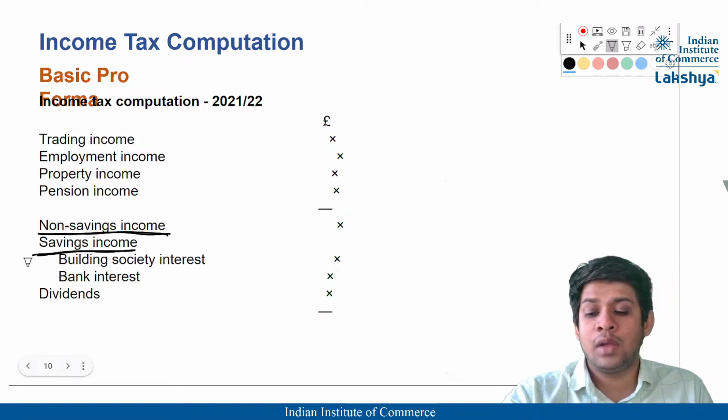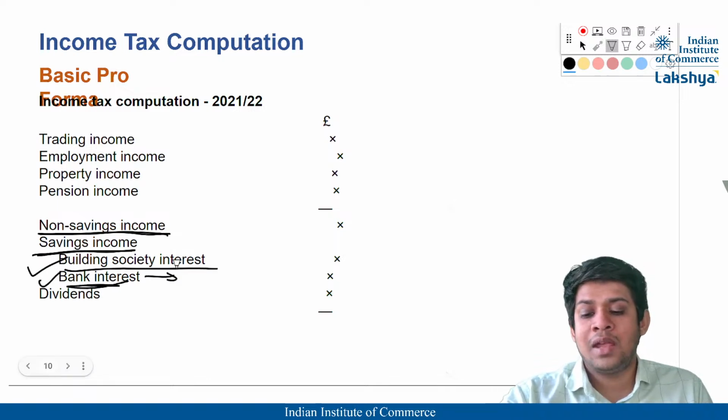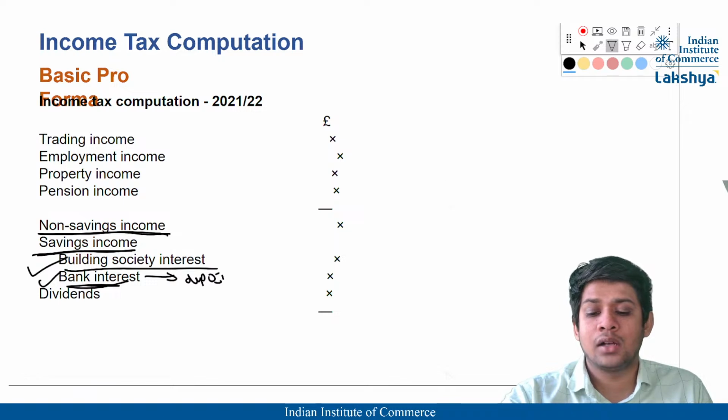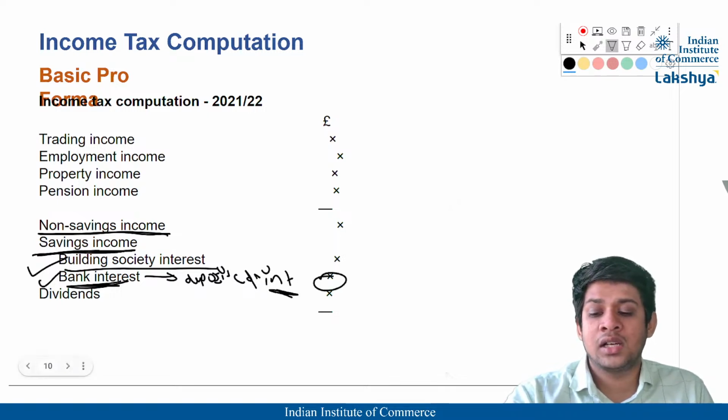Then there is savings income in which there is bank interest and building society interest. Maybe I have deposited a certain amount in a bank on which I am receiving interest. Correct. So that is my interest income. So that will be under the head savings income. That is bank interest. Okay. And what is building society interest?